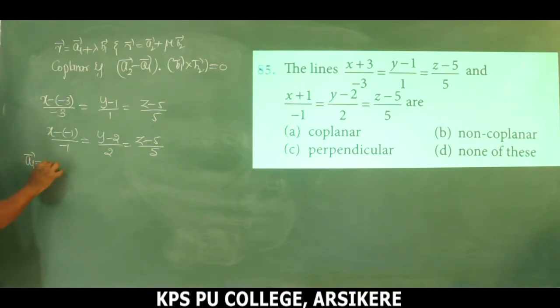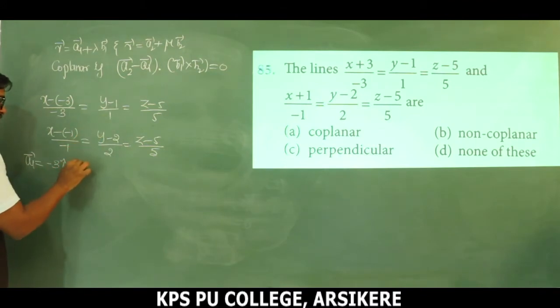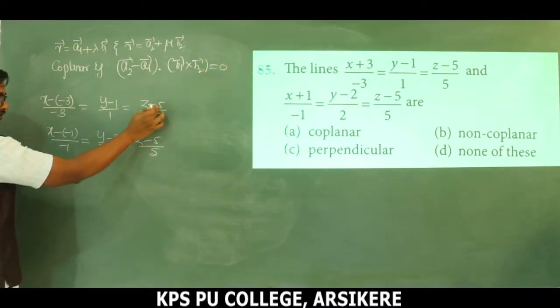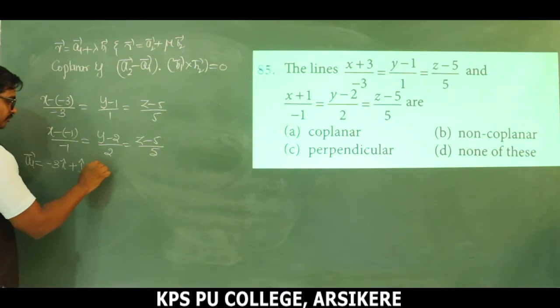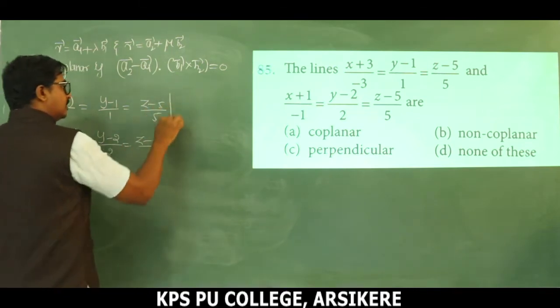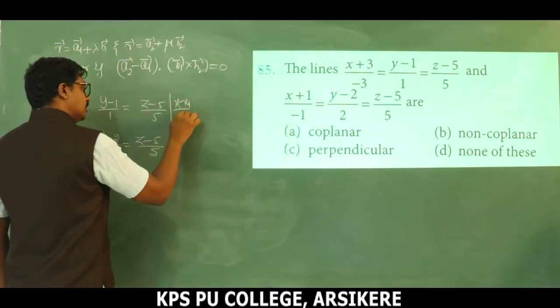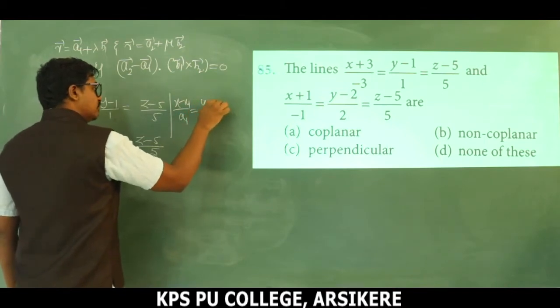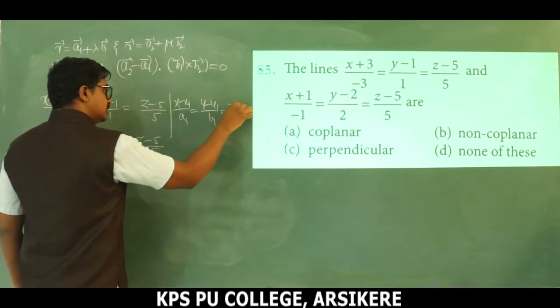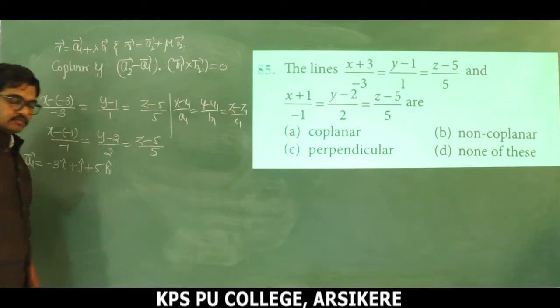What is x1 here? Minus 3 into i cap, y1 is 1 into j cap, and z1 is 5. X minus x1 divided by a1 is equal to y minus y1 by b1 is equal to z minus z1 by c1. This is the case, right?